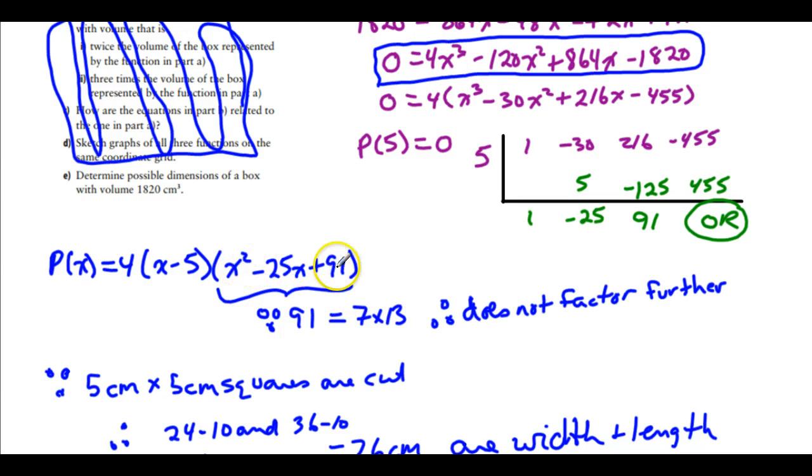I'm looking for two numbers that multiply to 91 and add to negative 25, and they don't exist. And so my only solution to this, when I get back to the fact that 0 is equal to that, I get 0 equals 4 times (x minus 5) times this expression here.